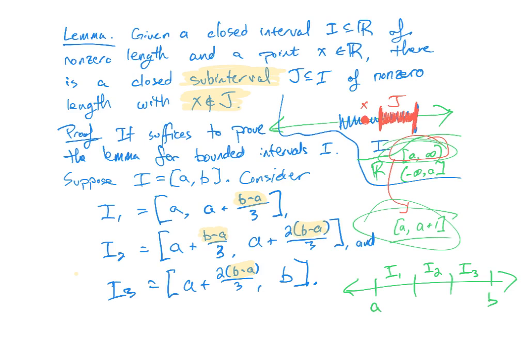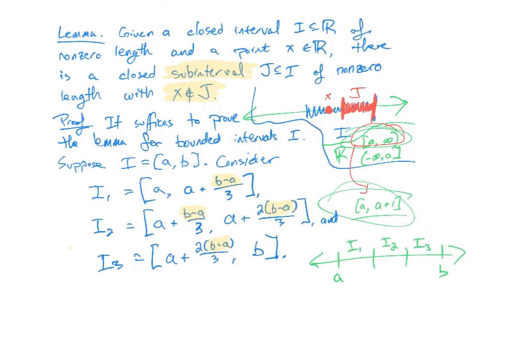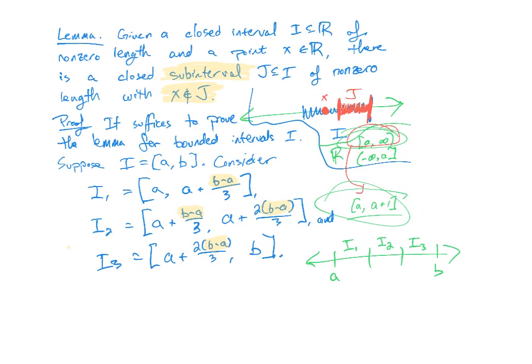Now, I claim that one of those three is bound to work. Why would one of those three be certain to work? Even if x is the boundary for one of the other sets, it's not going to be in the third. Perfect.